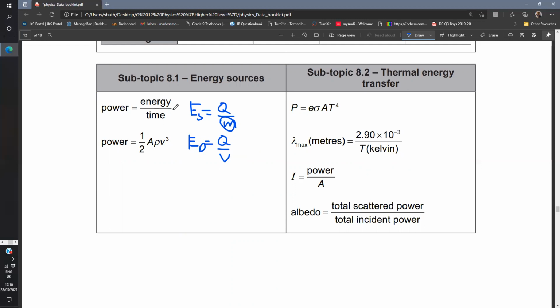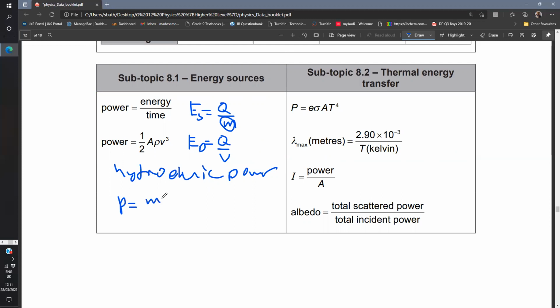And power is equal to energy over time, and we're going to derive this formula right now. This formula is in terms of wind power. But before we do that, there is another formula in terms of hydroelectric power, basically the power they use in dams.